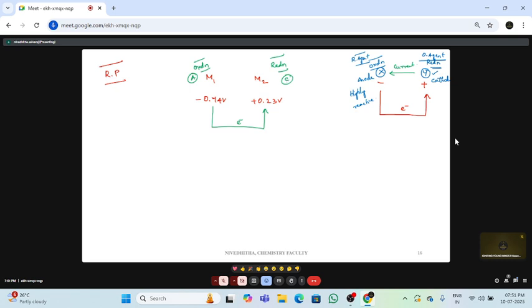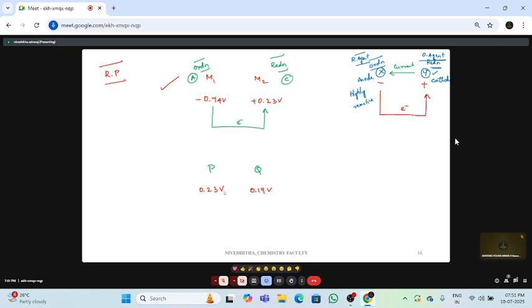That's it. Okay. If suppose I have metals P and Q, and the reduction potential values are 0.23 and 0.19 volt. See, in the previous example, the electrode potential of one metal was negative and another was positive, so the shortcut was a little easy. Here, both the values are positive.